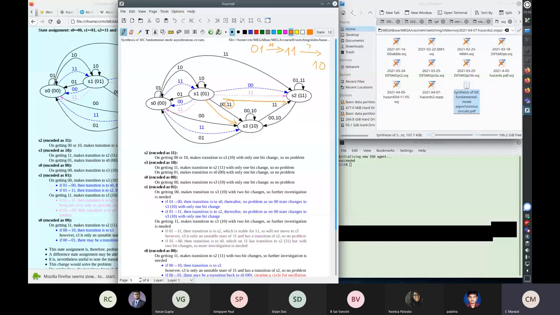But over here you have a problem, because on 1 1, as you can see, it comes back here. So this is on 1 1. So instead of coming here, it is getting trapped.